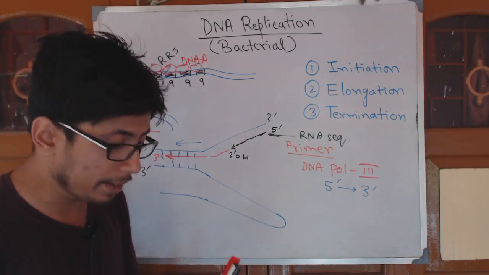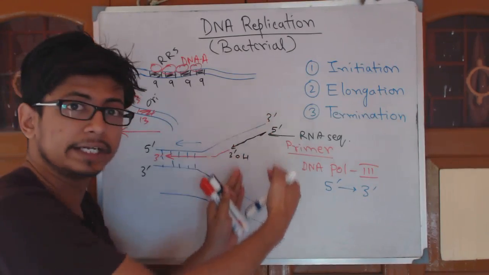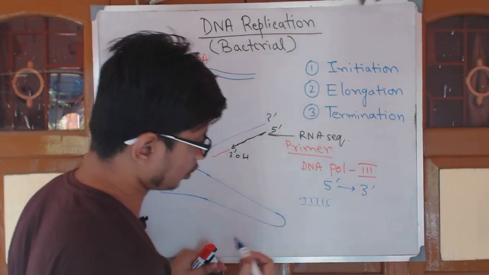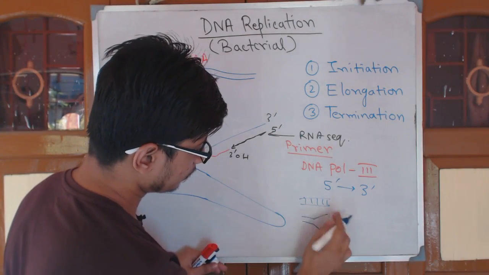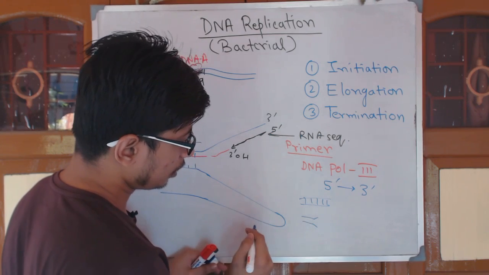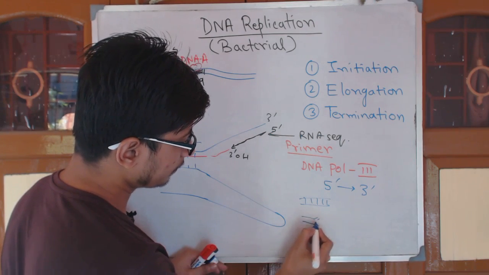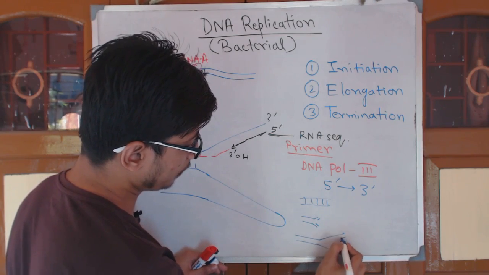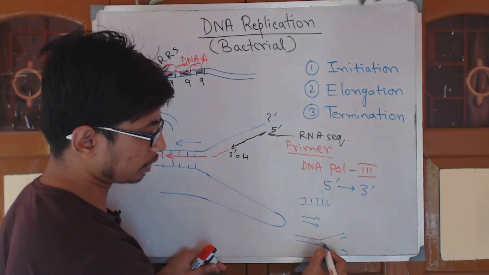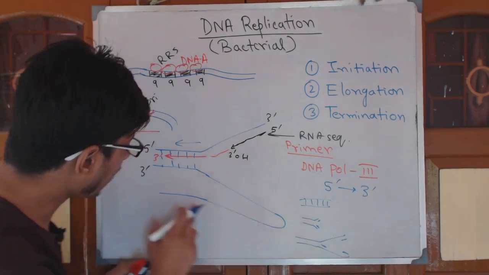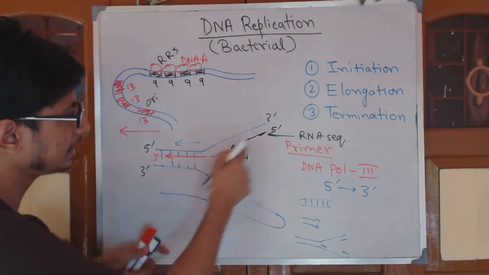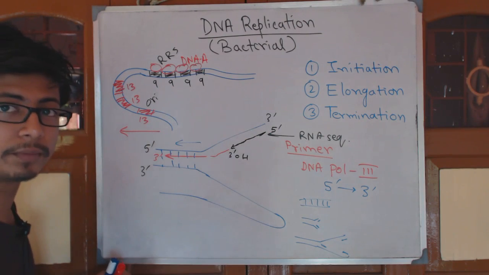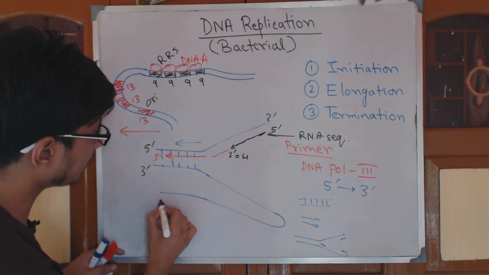How and why? Because the loop is open at this site. Let's say the DNA is completely closed. Now it's open, slightly open, for example. So when the primer is made here, now let's say the loop is further open. So the primer will be formed at the terminal, not at the closed region, right? Just like in this case, in the other strand also, the primer will be formed at this end.